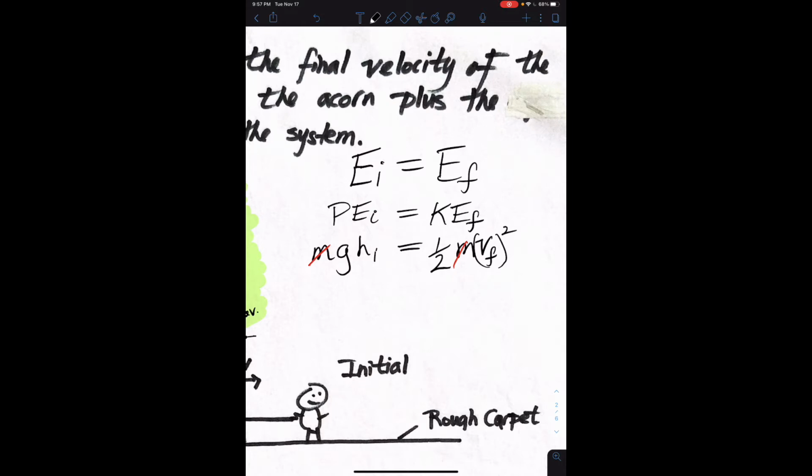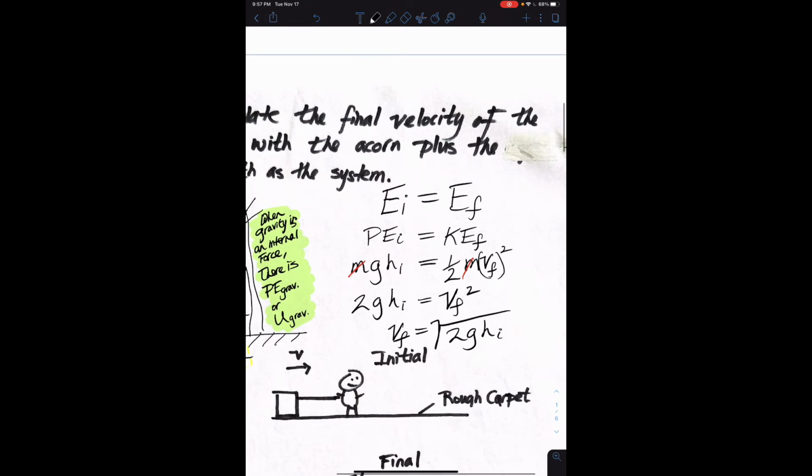Multiply both sides by 2. We get 2g h initial is equal to vf squared, square root both sides. Vf is equal to the square root of 2gh. And you can put h initial or you can just put h, it doesn't matter.